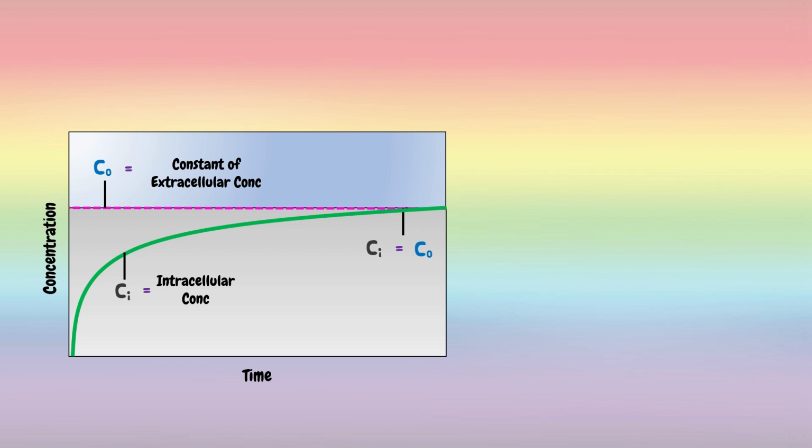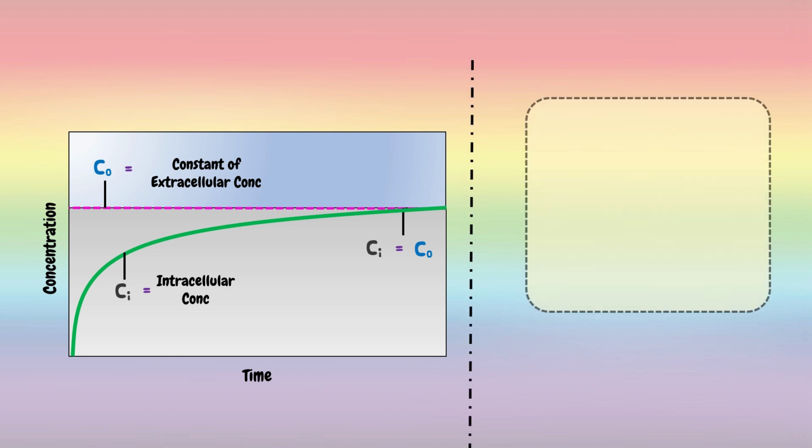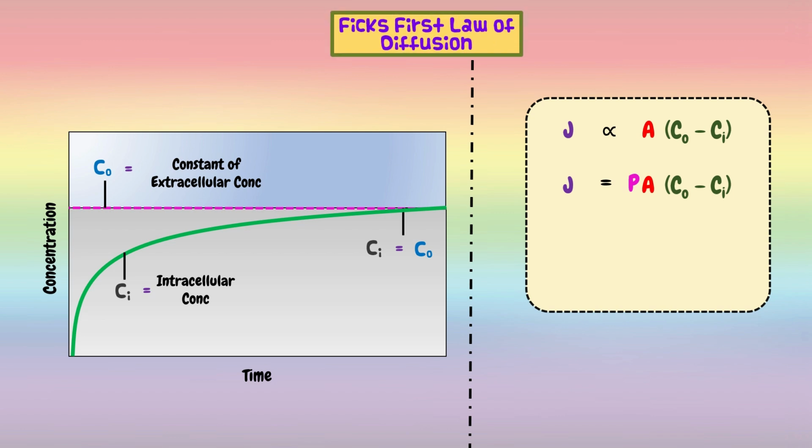The magnitude of the net flux, that is, the rate of diffusion represented by J, is directly proportional to the difference in concentration across the membrane, Co minus Ci, where o and i stand for concentrations outside and inside the cell, the surface area of the membrane, represented by A, and the membrane permeability coefficient, represented by P, as described by a modified form of Fick's first law of diffusion applied to biological membranes.